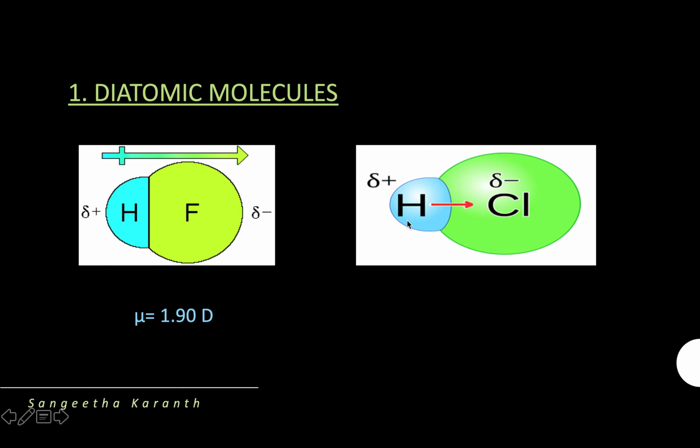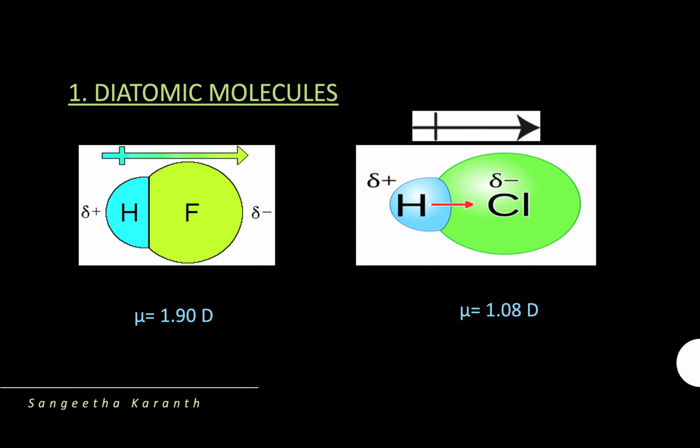One more example is the HCl molecule. Again we know that chlorine is more electronegative. So the dipole moment is represented by an arrow pointing towards chlorine, which is the electronegative atom. And the value of the dipole moment is 1.08 Debye for the HCl molecule.